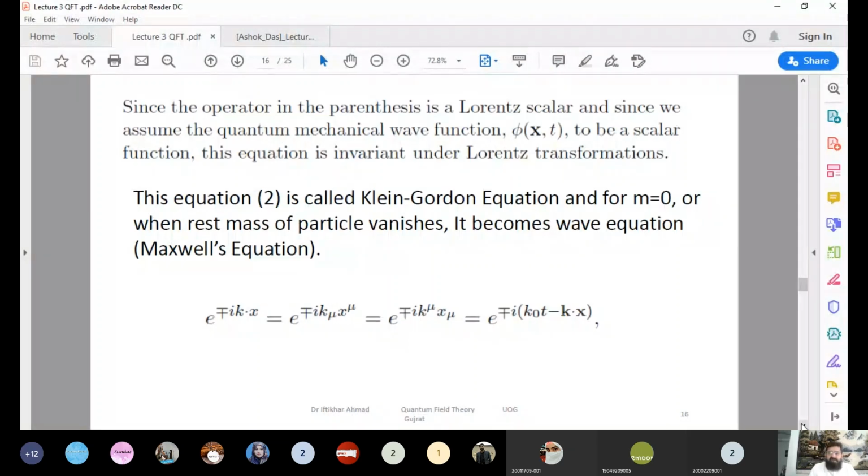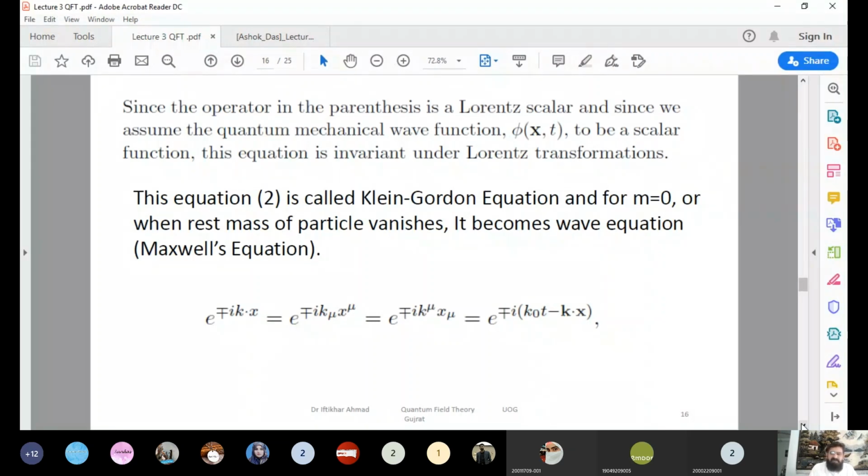The above equation is known as the Klein-Gordon equation, and for m equal to 0, when we consider the rest mass of the particle to be 0, the equation becomes the very famous Maxwell equation.